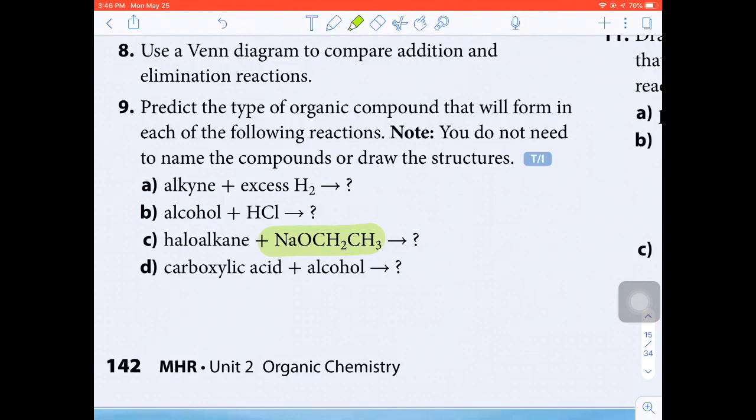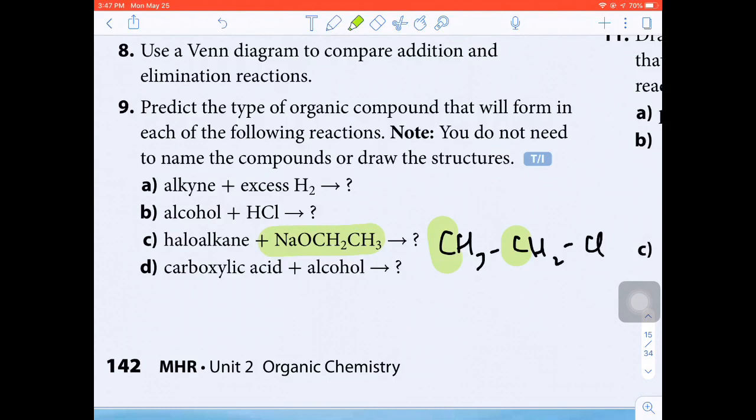So I've got a haloalkane in this case, so let's make it: CH3, CH2, and chlorine. There's my haloalkane, it's chloroethane, and I'm going to rip off the chlorine and rip off one of the hydrogens. So this carbon here is going to lose the chlorine, and this carbon here will lose a hydrogen.